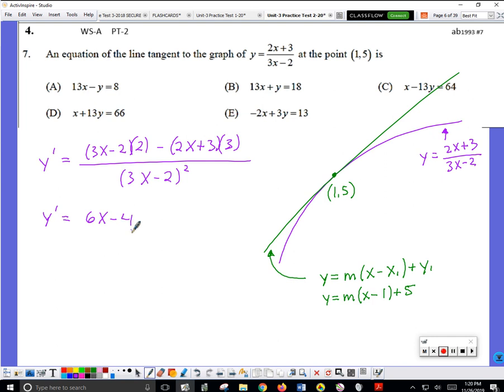I have to distribute the negative, but I also have to distribute the 3. So 3 times 2x would be 6x. Then the negative would distribute, making it negative 6x. 3 times 3 is 9. Negative distributed would make it negative 9. So my y prime is negative 13 divided by 3x minus 2 squared.